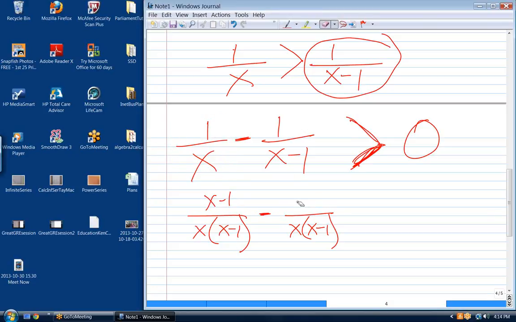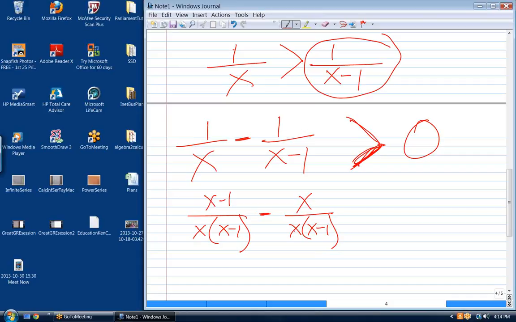And so what goes here? The same thing, right? What did we have to multiply this by? You multiplied that by an x, so now you have x. Okay, got this. So now I can remove the denominators, right?